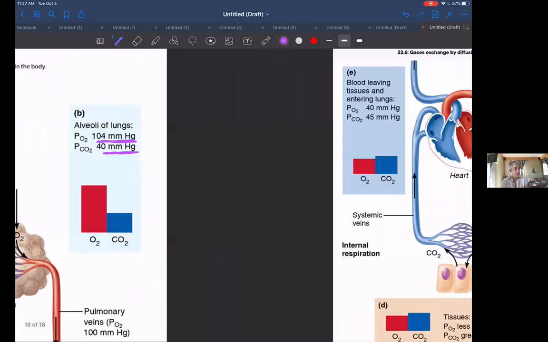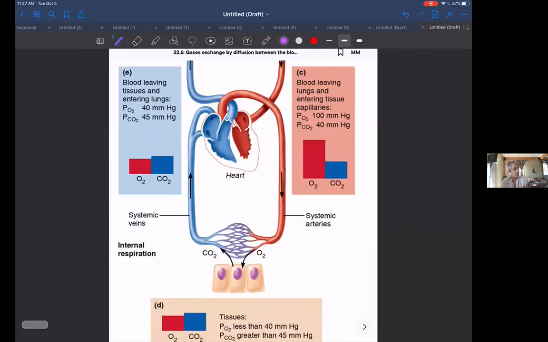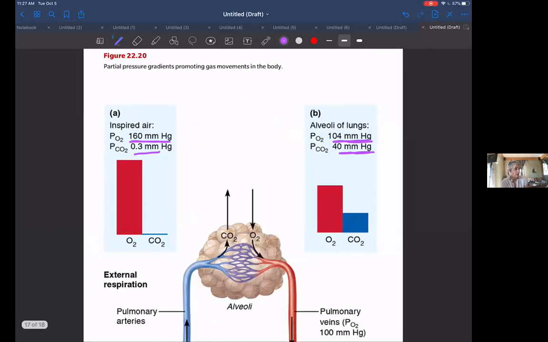Okay, so let's look at this diagram right here. This one's really important because it has to do with blood entering the alveoli. Let's go back to this one, sorry. Blood, inspired air. I guess this would be in the capillaries. So you'll notice that the partial pressure is greater in the air.